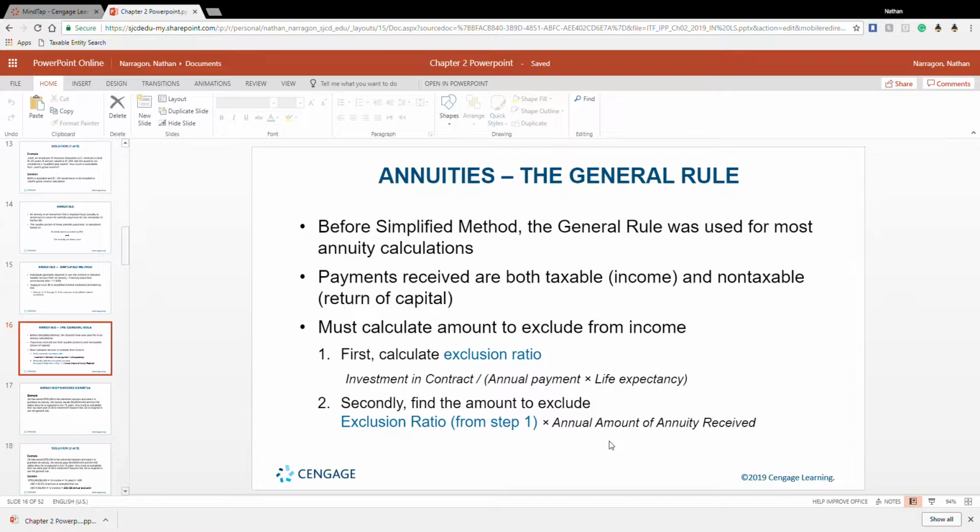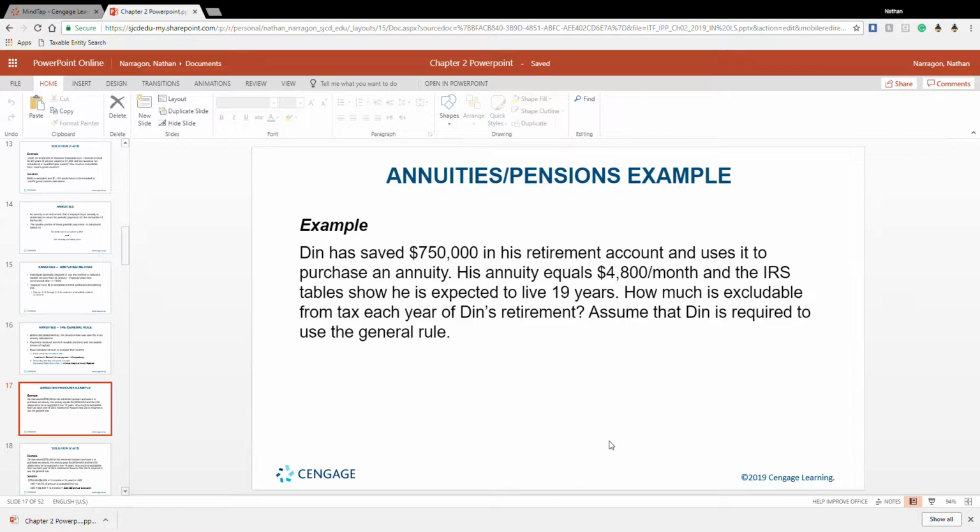And then second, we take the amount excluded, the exclusion ratio, and multiply it by the annual amount of annuity received. So again, this one brings in more of the math that we actually have to do. Here's an example about this.